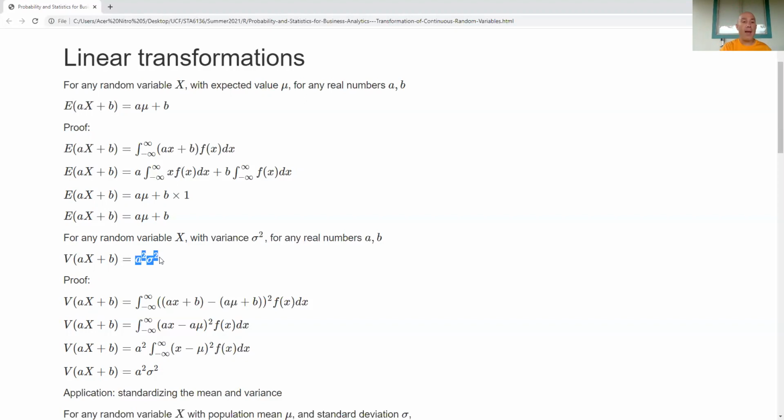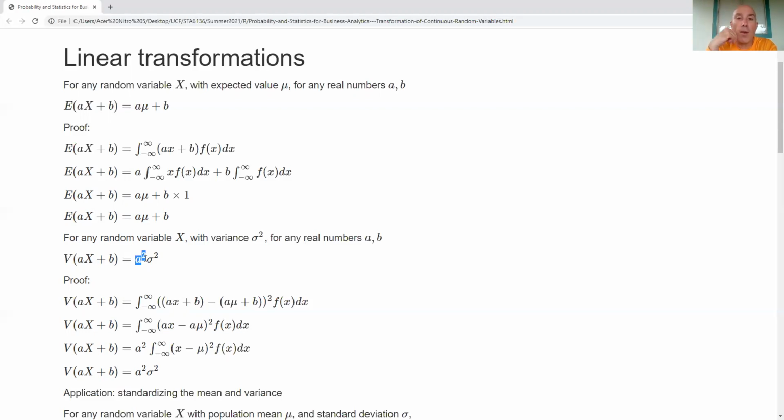If I add a constant number to a random variable, if I add a constant number to data, that does not change the variance. But multiplication does. If I multiply by a, then the variance gets multiplied by a squared. If you stop and think for a moment, remember that variance is on the unit squared.